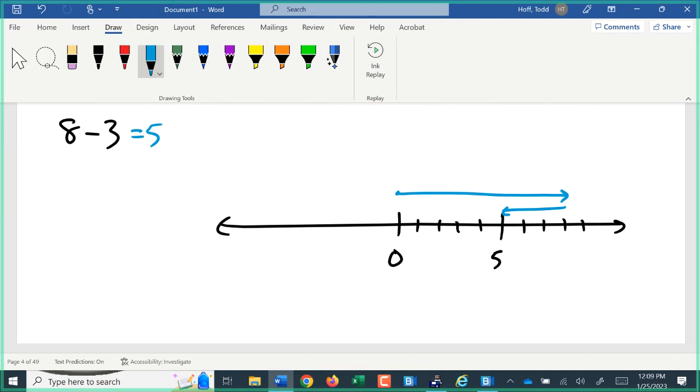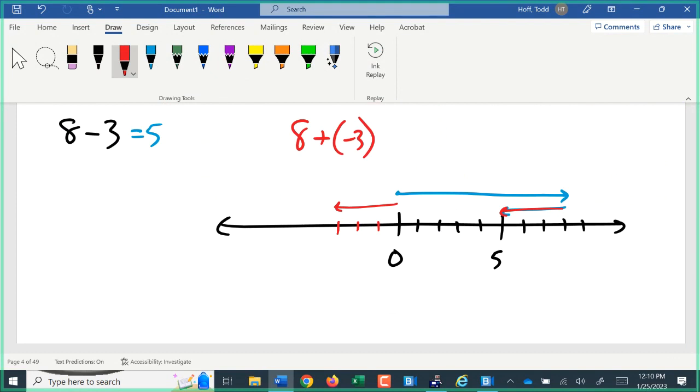But as you look at this picture over here, you realize that this vector here is just the vector for negative 3. And that picture is the same picture as if we had 8 plus a negative 3. And there's a good reason why it's the same picture. It's because they're the same problem. We mentioned on Monday that subtraction is not an operation in itself. It's part of addition.